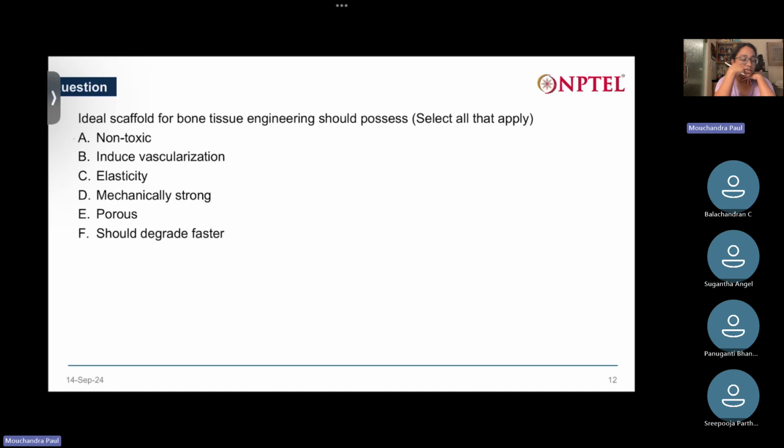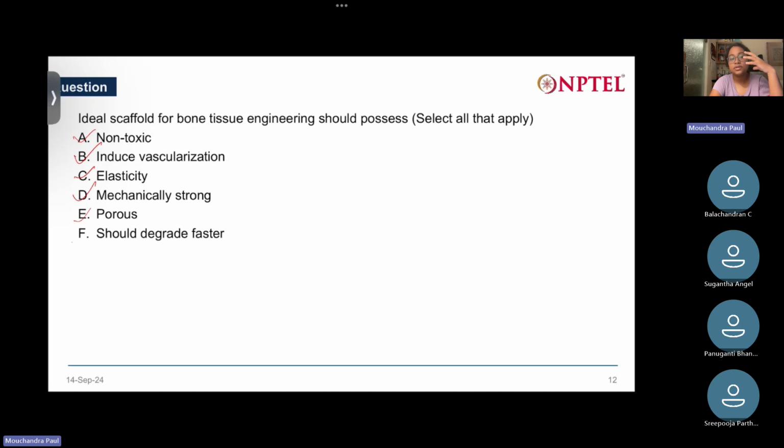Okay. Actually, all of these options are correct here. When we're talking about a tissue engineering scaffold, actually a tissue engineering construct, if it shows a degradation property, then it's good.